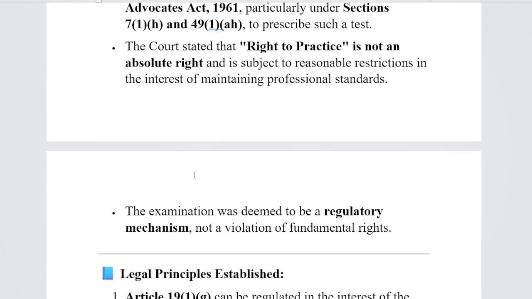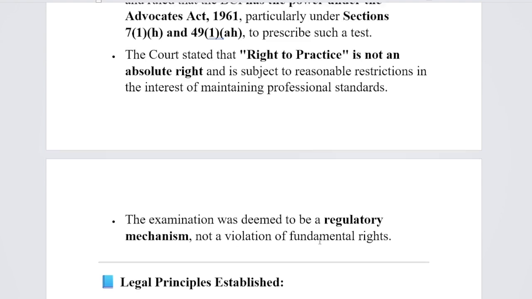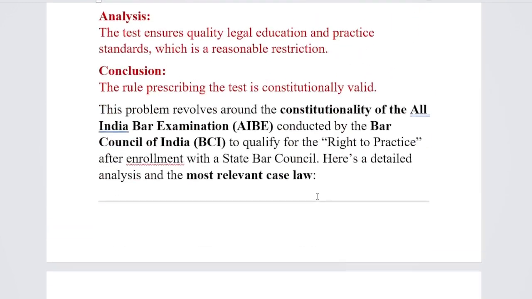The examination was deemed to be a regulatory mechanism and not a violation of fundamental rights. That means even though the student has written the LLB exams and cleared the LLB, for the purpose of suitability for upholding professional standards, the Bar Council can conduct a separate examination. So ultimately the conclusion is that the rule prescribing the test is constitutionally valid.